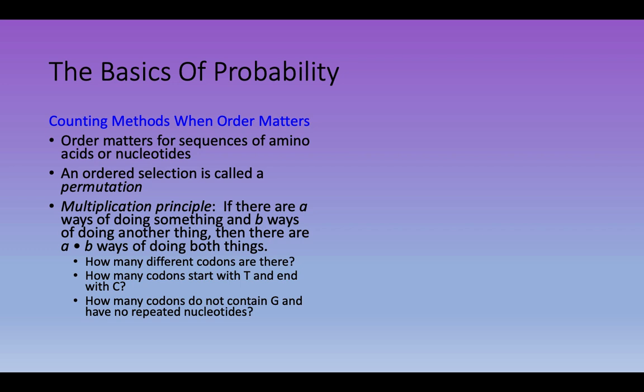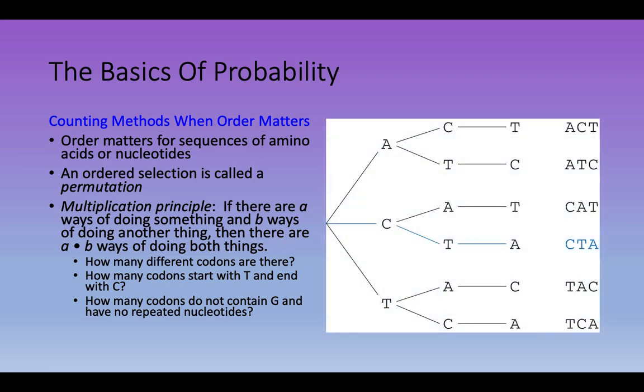What about codons that don't contain G and have no repeated nucleotides? This is a slightly more complicated case. We can see what the set looks like, right? We have all the cases that don't start with G, and they can't have any repeats. So in other words, they have to have an A, a C, and a T. And given that the first base is an A or a C or a T, then if our first base is an A, the next base has to be either a C or a T, and then the one after that has to be a C in this case or a T in this case, right?